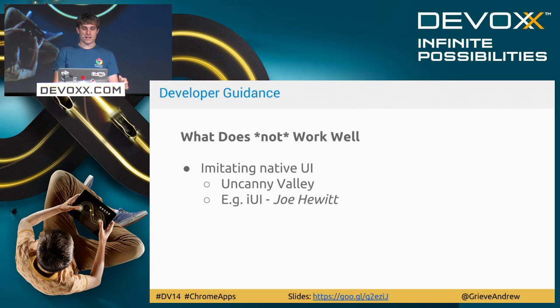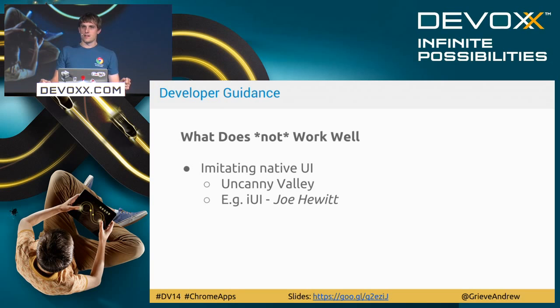Okay, back to this point, which does not work well: imitating the native UI. The word uncanny valley always comes up in this conversation. The earliest example that I could find of this was the iUI framework. Joe Hewitt of Firebug fame joined Facebook, and I think this project started even before the iOS native SDK came out, so this was actually their only option for building for iOS.